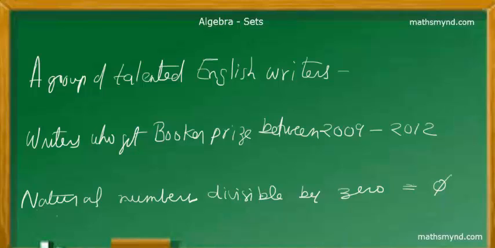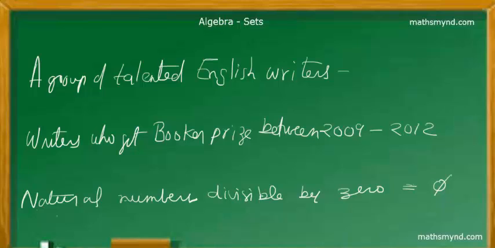Let's go on to a more interesting example. Now, a vague statement like a group of talented English writers is too vast to make a collection or to make a set, in the sense that, what about recent modern writers like Vikram Chandra, or you may have a doubt of whether you should add Shakespeare or something like that.